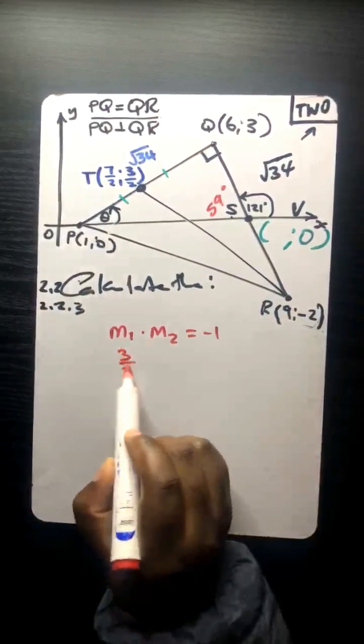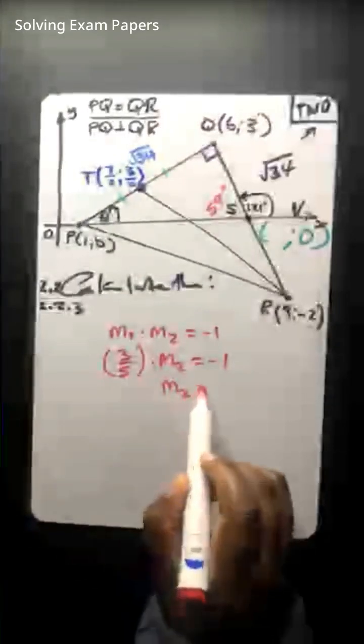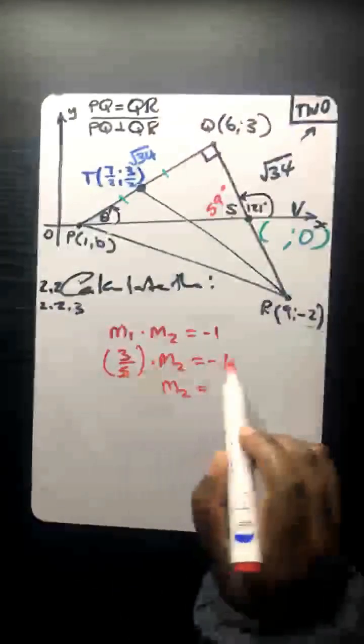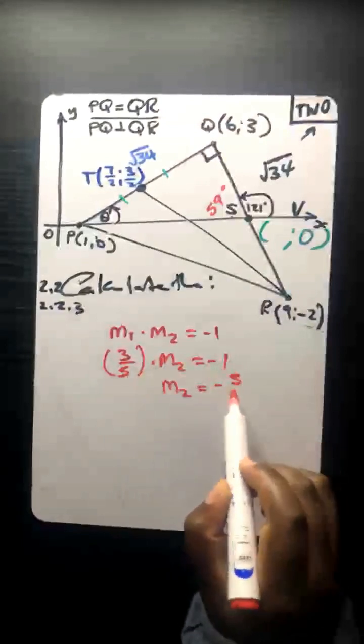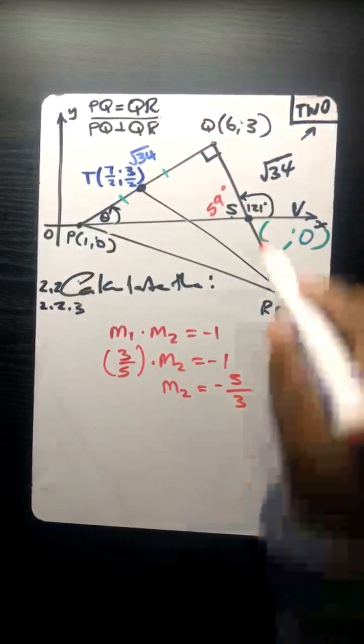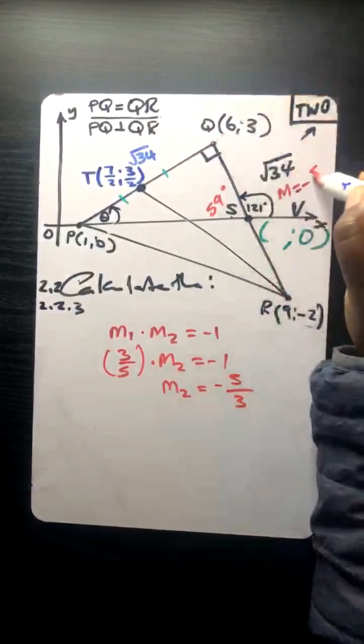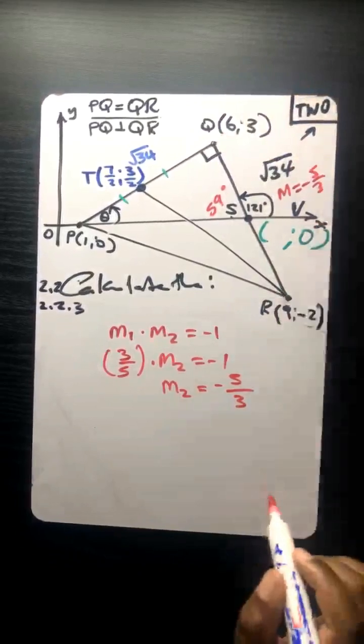Okay, so that means we can calculate the gradient of this line: you multiply by that, it becomes -5, then you divide by 3. So the gradient of this line is actually -5 over 3.